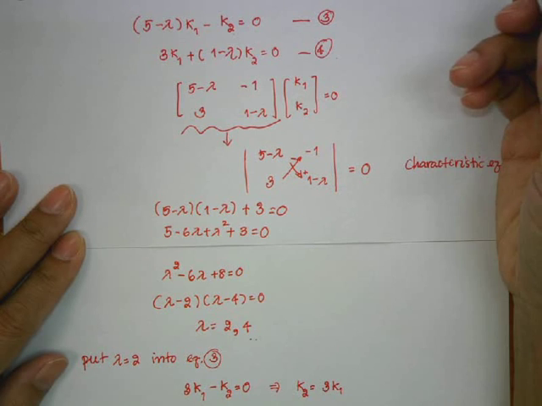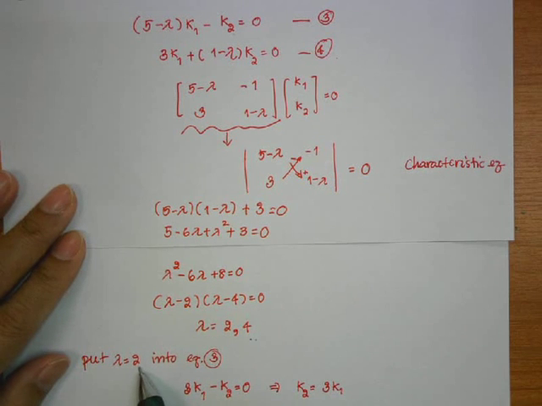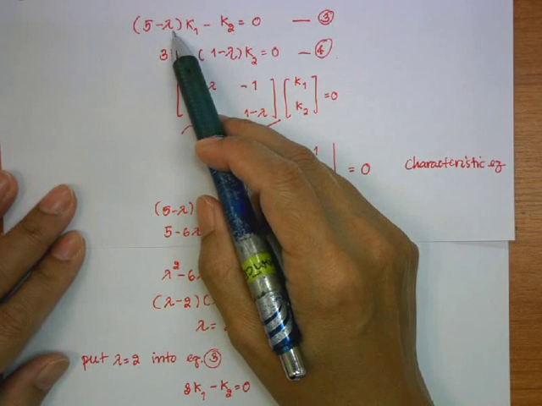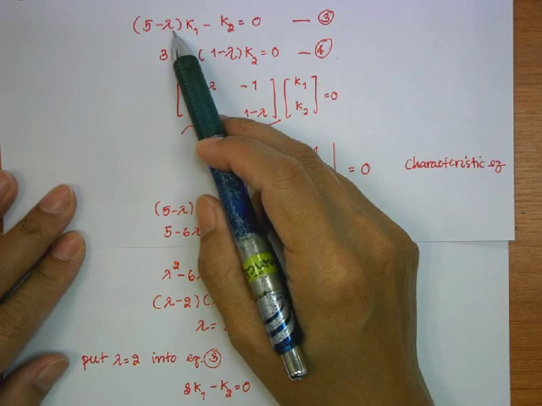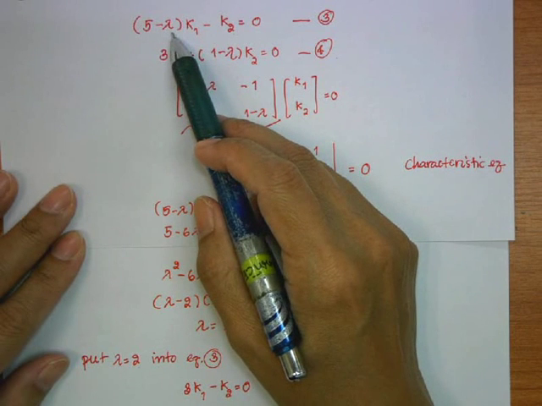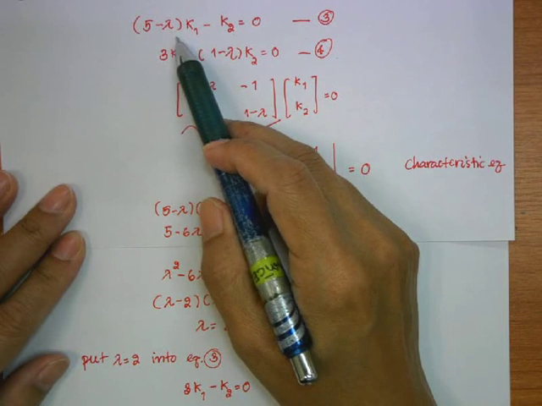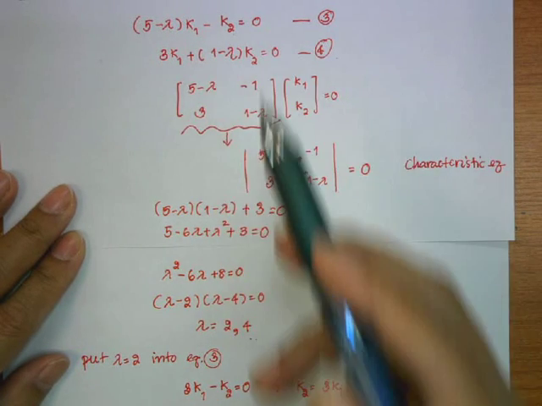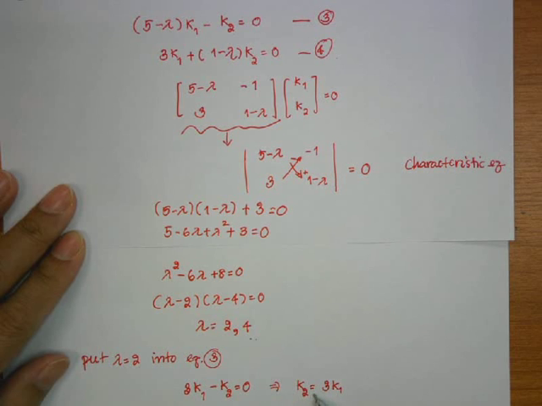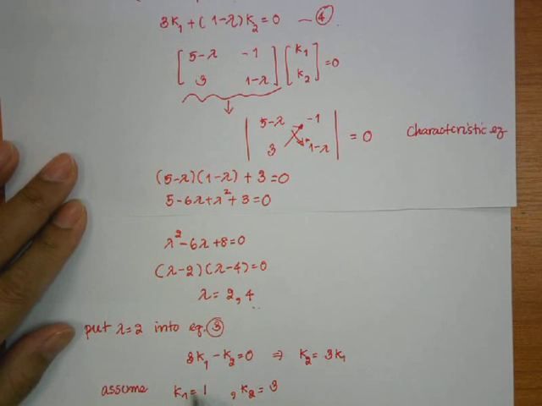First, you plug the value lambda equal to 2 into equation 3. Lambda is equal to 2, so you would get 5 minus 2, which is 3. So 3k1 minus k2 equal to 0, or k2 equal to 3k1. So if our k1 is equal to 1, your k2 is equal to 3.